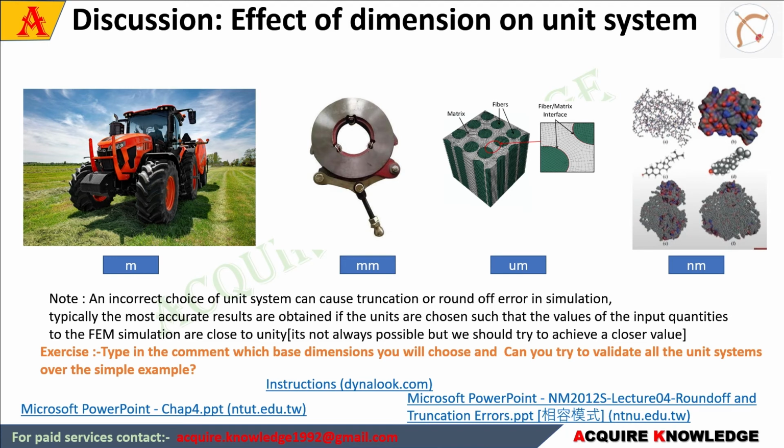I will also request you to try out the previous example that we were discussing, blocks subjected to some pressure, in the different unit systems. First take meter, kg and seconds, then take the ton unit system that we were discussing, then micrometer and nanometer unit systems.